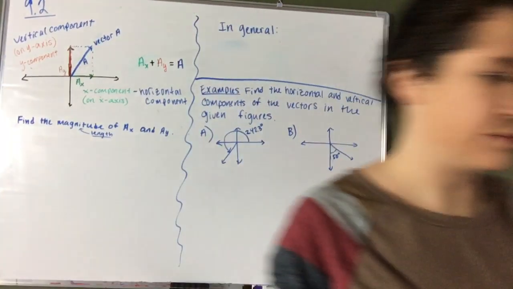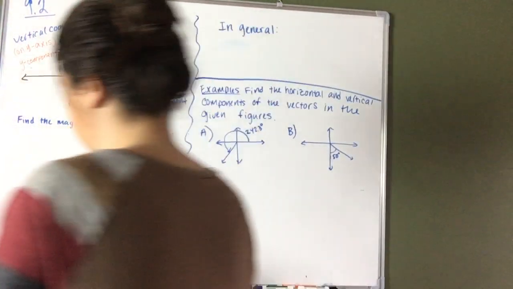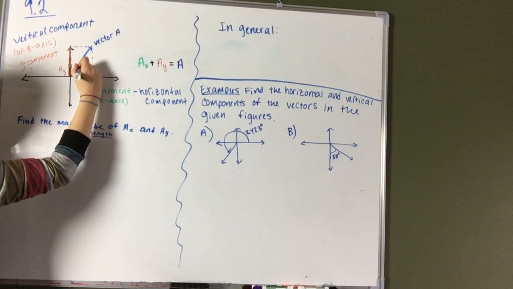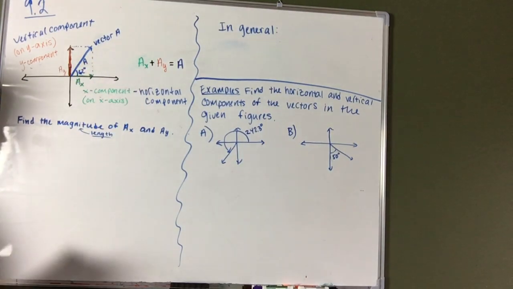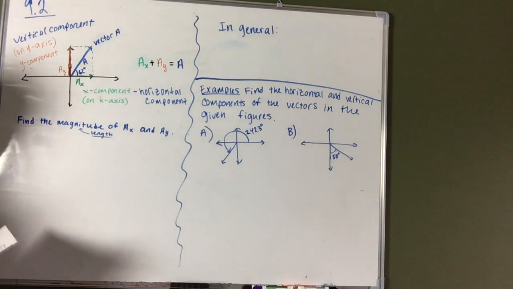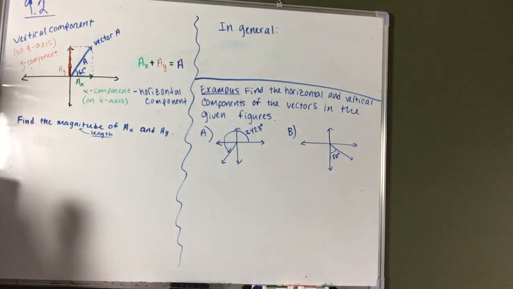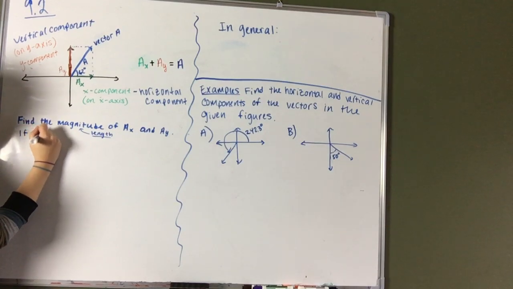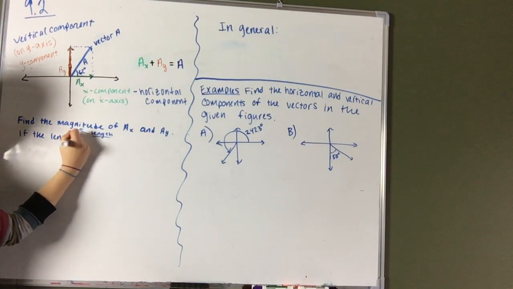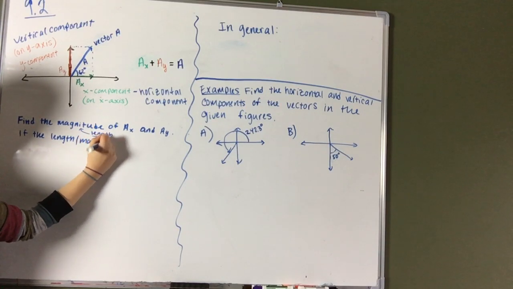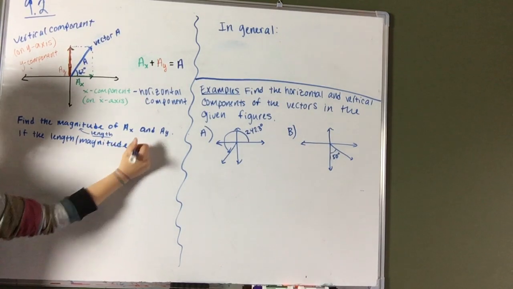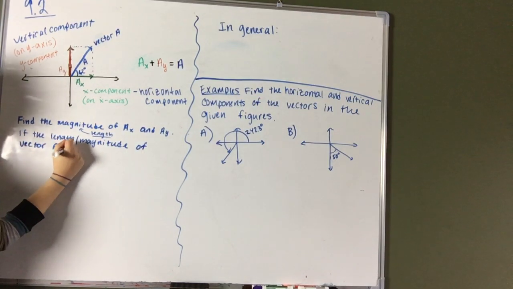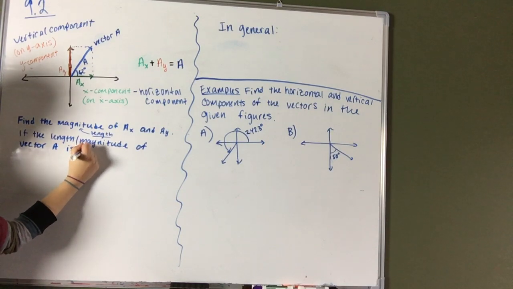So we're going to suppose that this angle here, and this would be given to you, is 62 degrees, and that the length or the magnitude of vector A is 7.25.